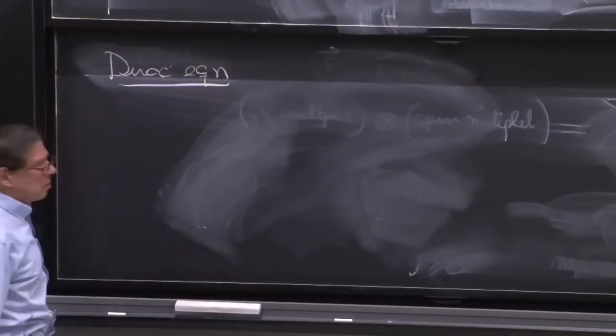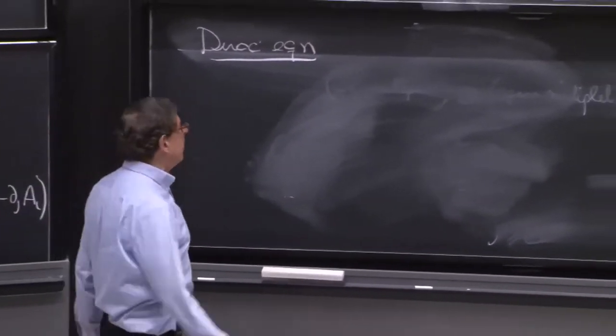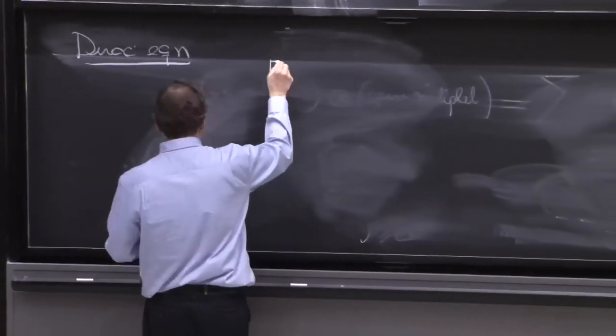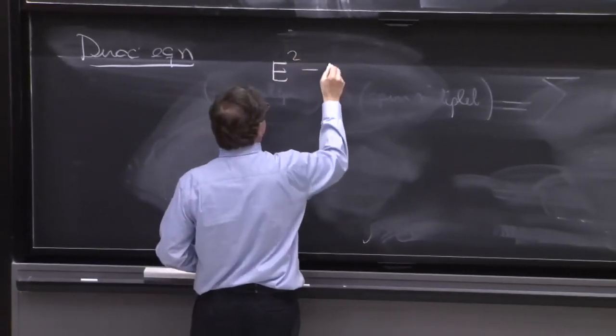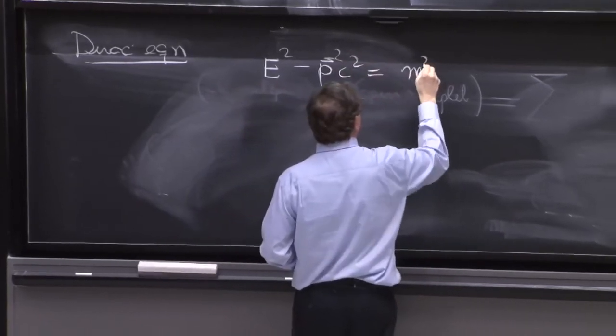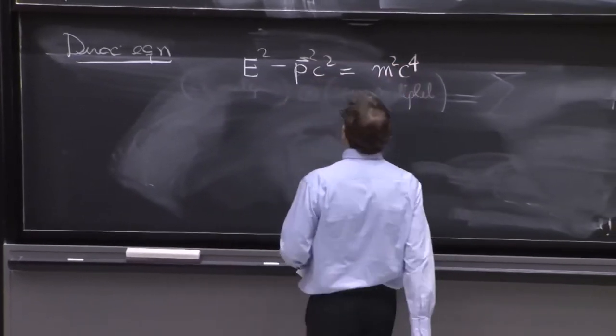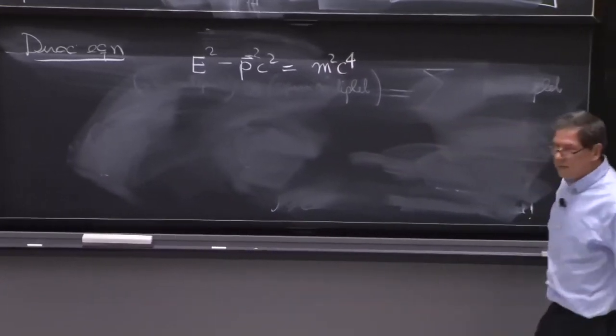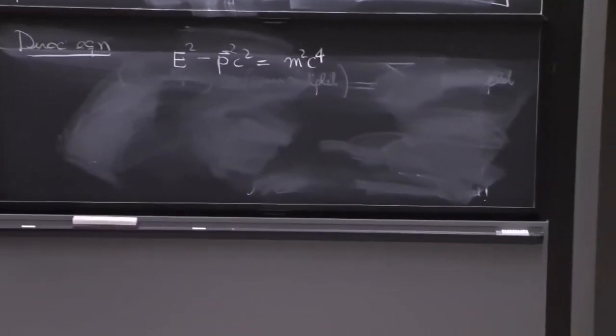So the Dirac equation begins with the observation that we have E squared minus p squared c squared for a free particle is m squared c to the fourth. This dispersion relation relates E and p for any particle.